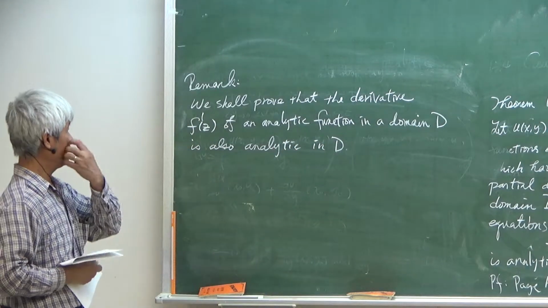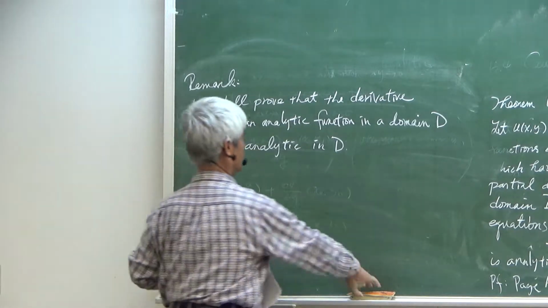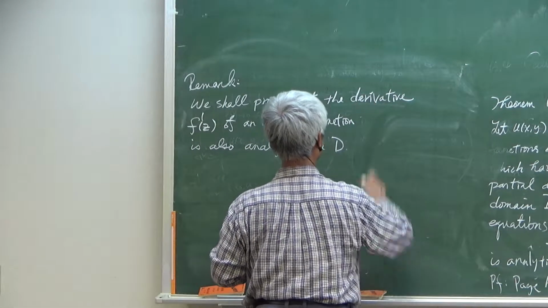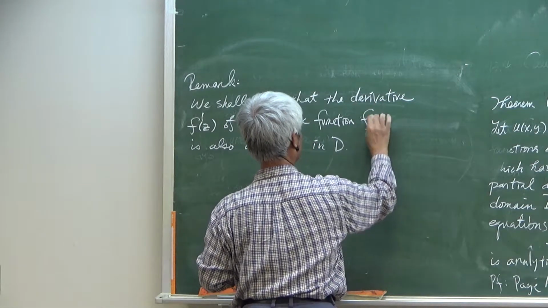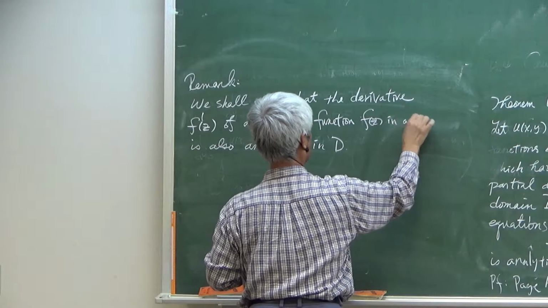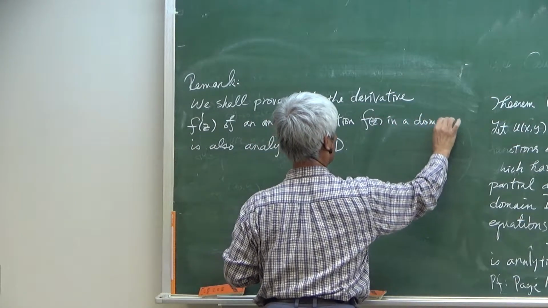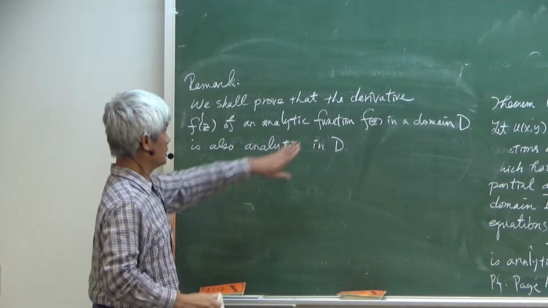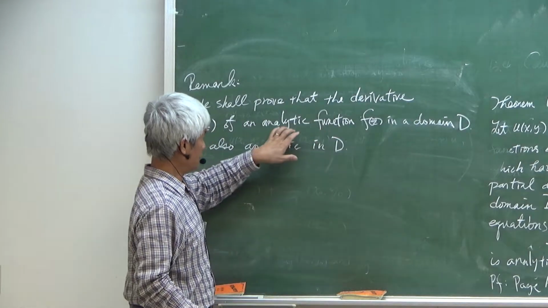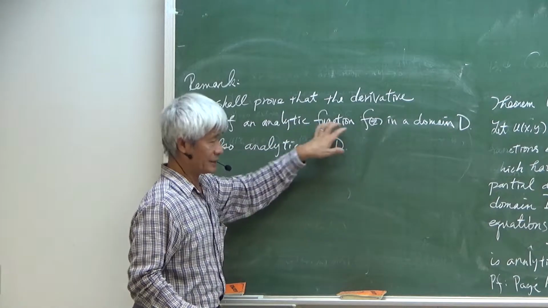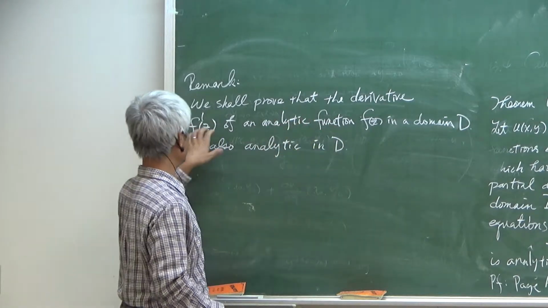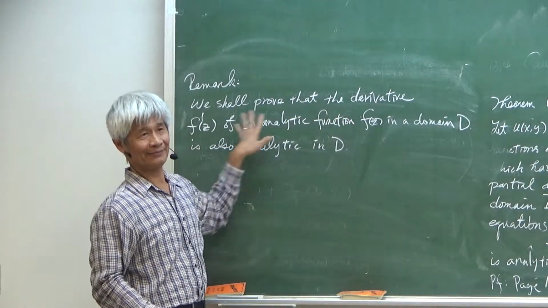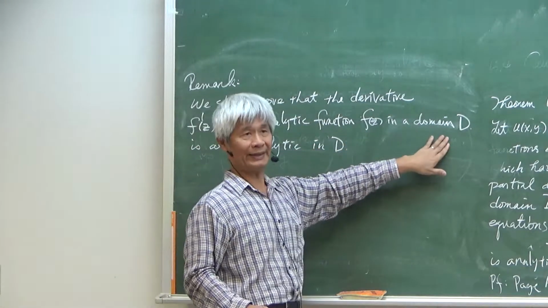It's very strange. An analytic function f(z) in the domain D: when we say a function is analytic, we mean that its derivative exists in the whole domain.